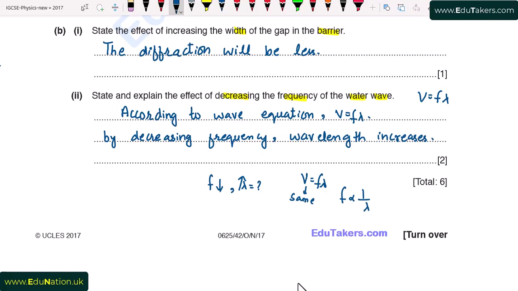So when we decrease the frequency, wavelength increases according to the wave equation V is equal to F lambda, because speed in this case is constant.